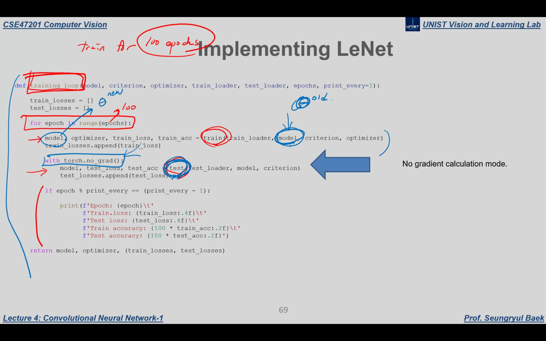Are you guys understanding this? And then you want to test the accuracy on the testing data using the new model having vector new. And then you visualize your training loss, testing loss, and accuracies. Are you guys understanding this?